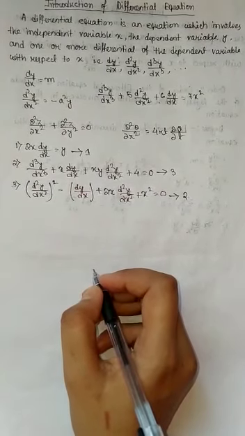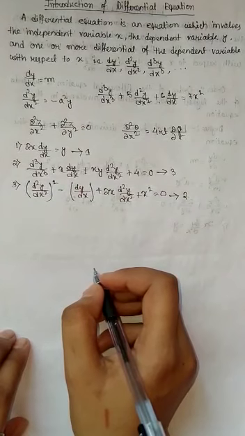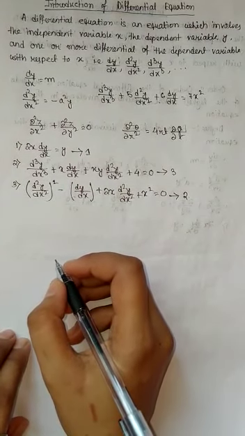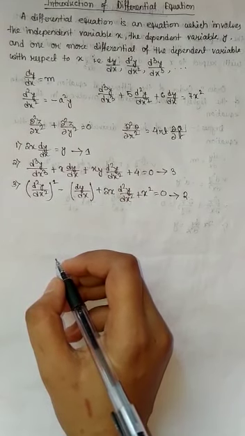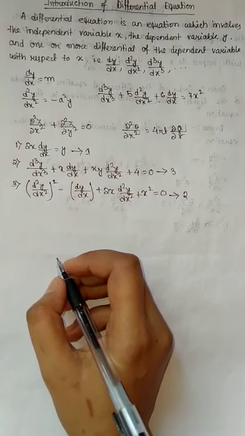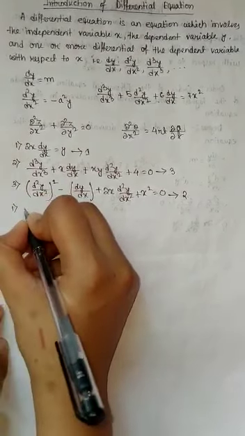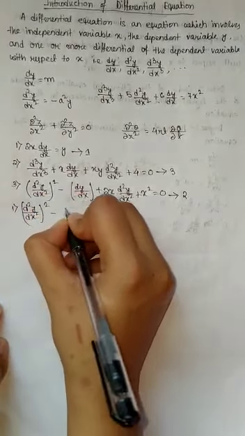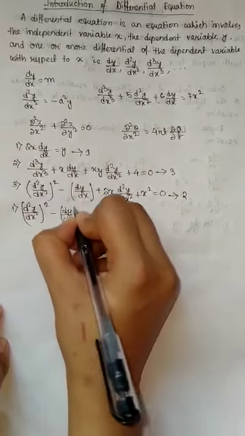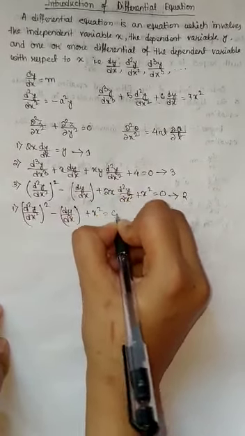Next, what is the degree of the differential equation? The degree of the differential equation is the greatest positive power of the highest derivative occurring in the differential equation. But the power should be a positive integer. So the degree is basically the power of the highest derivative involved. Let us show this with the help of an example. (d2y/dx2) whole square minus dy/dx plus x square equals 0.